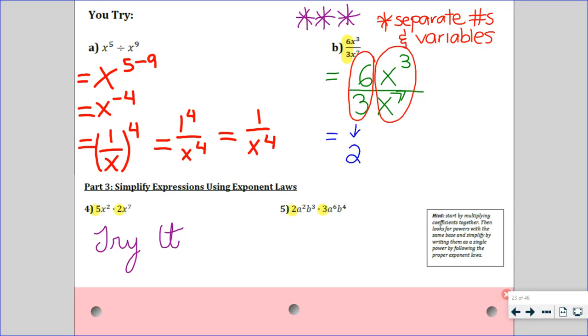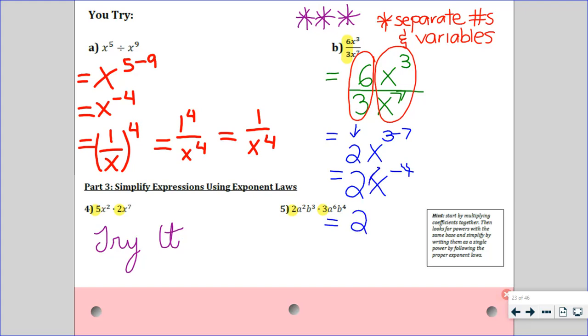And how do I simplify x to the power of 3 divided by x to the power of 7? What do I do? Subtract. Yes, I'm going to keep the base the same and subtract my exponents. So can someone tell me what happens when I have x to the power of 3 minus 7? What is that going to give me? Yeah, negative. Good. So I have -4. Now keep in mind my 2 can stay the same.